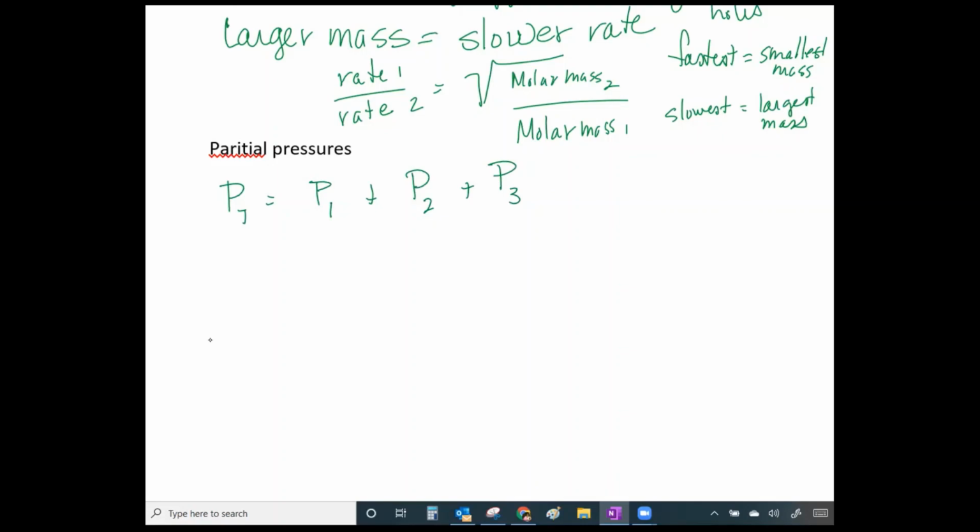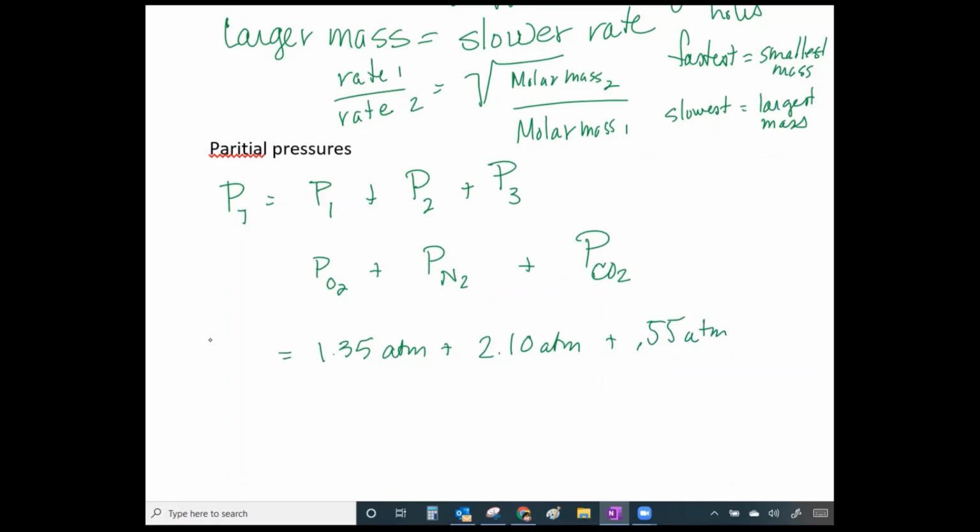All right, so if you're doing something and you know the pressure of the oxygen is 1.35 atmospheres, and pressure of nitrogen maybe is 2.10 atmospheres, and the pressure of carbon dioxide is 0.55 atmospheres. To get the total pressure, you just add them all up. And that takes us up through the end of February.